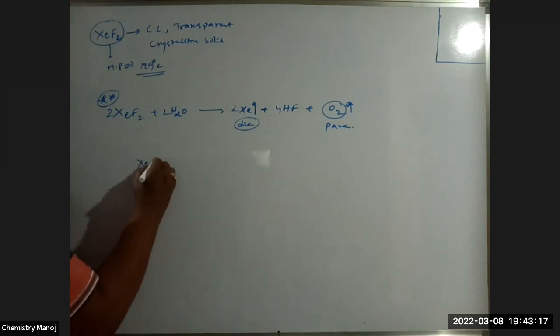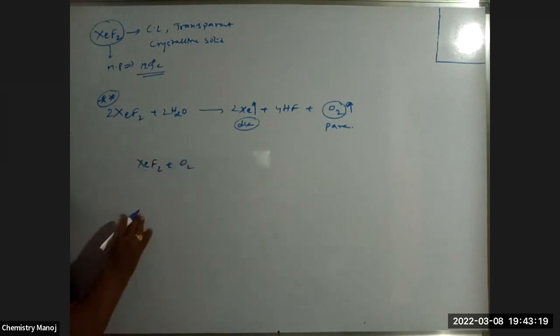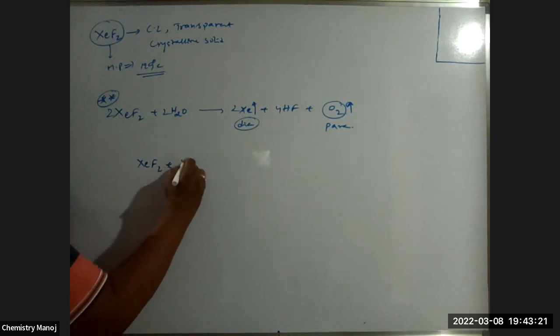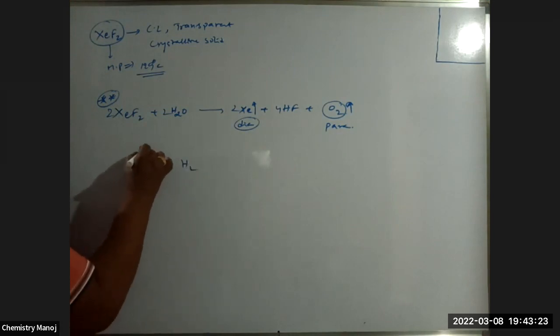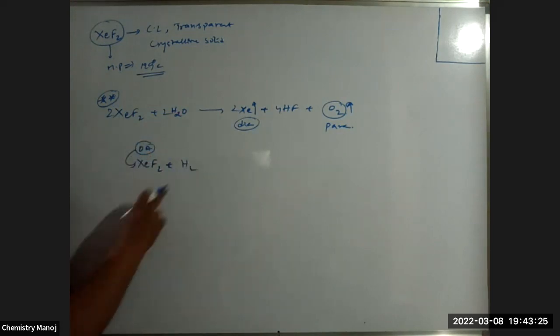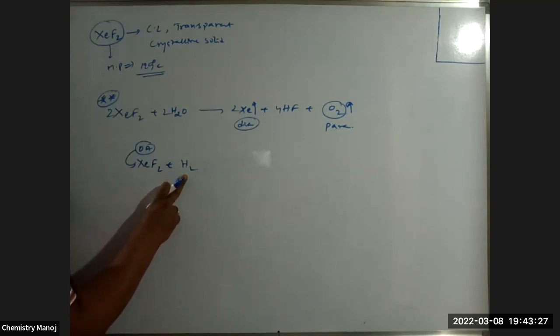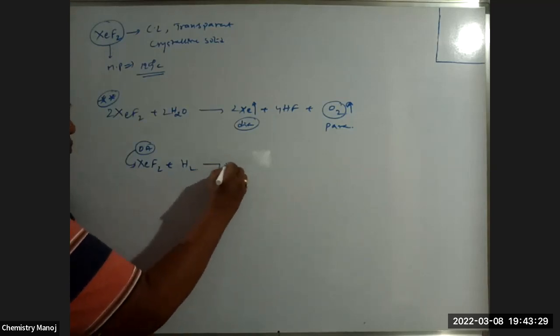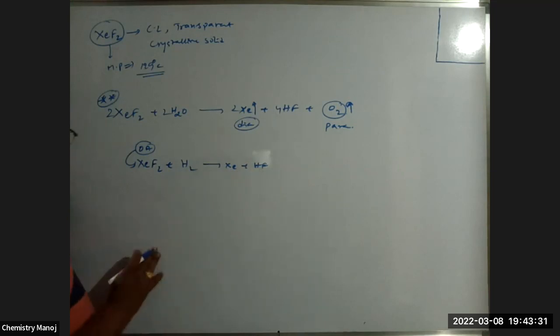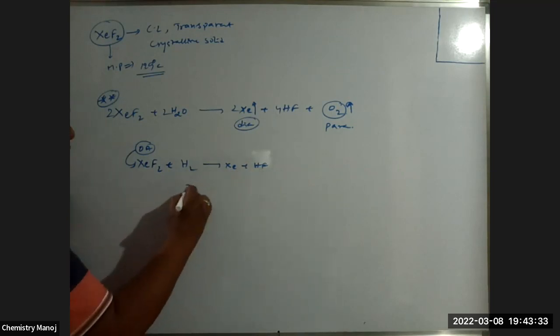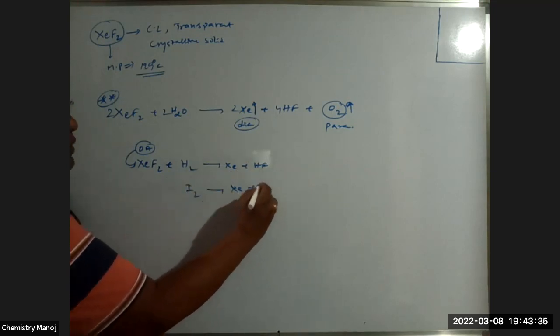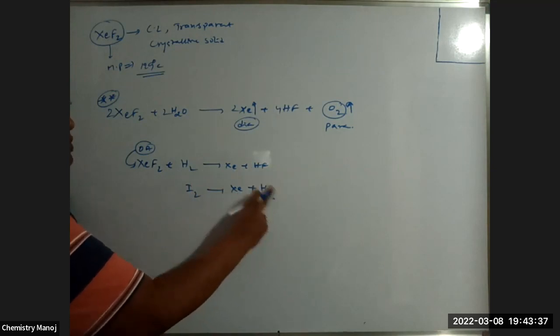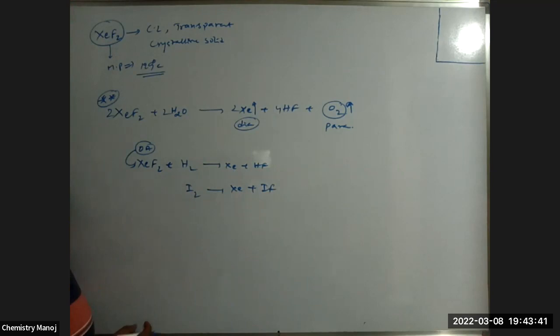When XeF2 reacts with hydrogen, because it is the oxidizing agent, my dear, it can oxidize hydrogen. That gives Xe plus HF. It reacts with I2 and that gives Xe plus IF, an interhalogen compound.